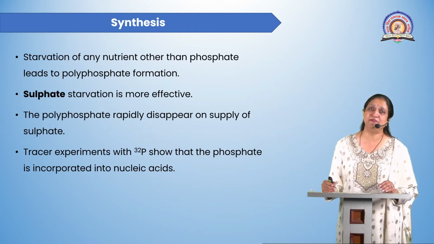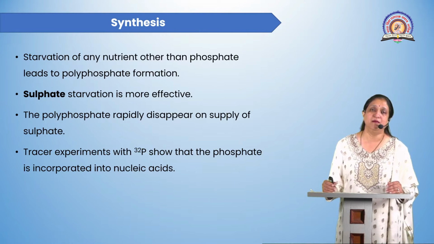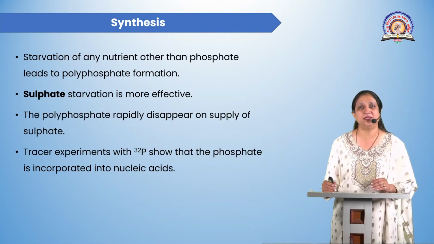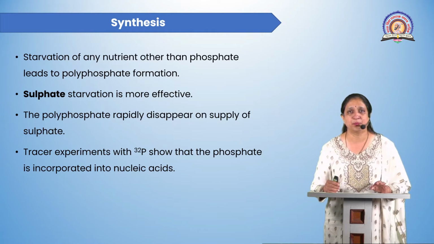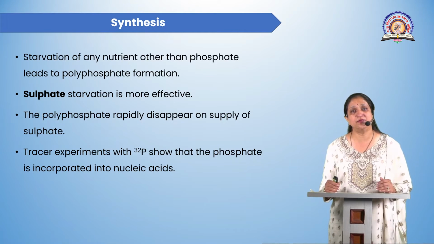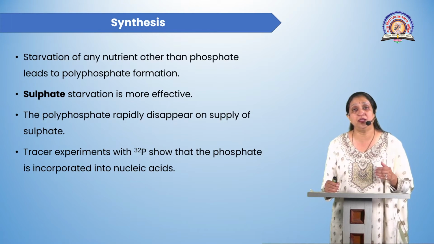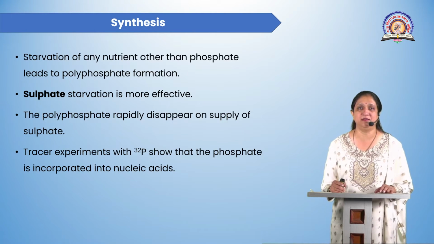On supply of sulfate for the bacterial growth in the medium, these metachromatic granules started disappearing from the cytoplasm. And when studies were done to find out where the labeled phosphate was present, it was found to be incorporated in the structure of the nucleic acid of the bacterial cell.